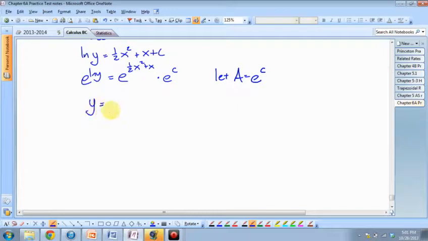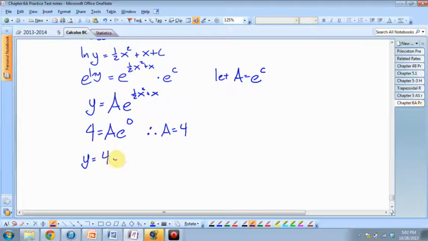So y is equal to a e to the 1/2 x squared plus x. Our initial condition is 0, 4. So 4 equals a e to the 0. Therefore, a equals 4. And y is equal to 4 e to the 1/2 x squared plus x.